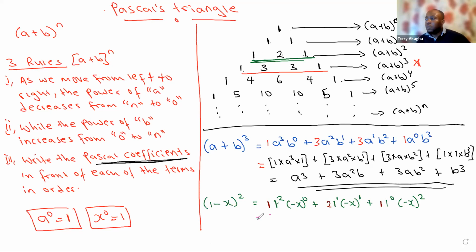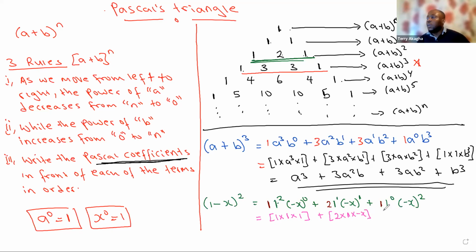So we can then open the bracket now and solve. It's going to be 1 times 1 raised to the power 2, which will give you 1, times minus x raised to the power 0, which is going to be 1. So remember, anything raised to the power 0 will give you 1. Plus 2 times 1 raised to the power 1, which gives you 1, times minus x raised to the power 1, which gives you minus x.